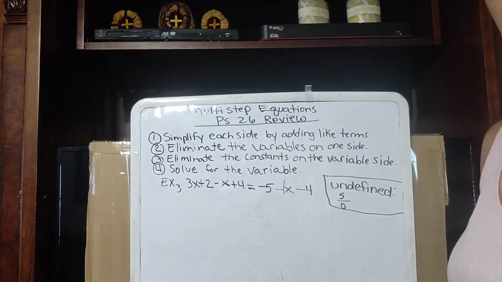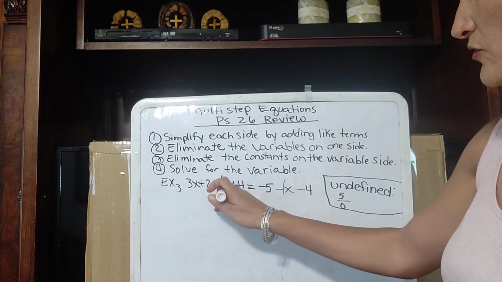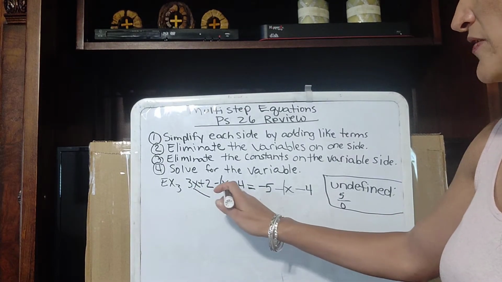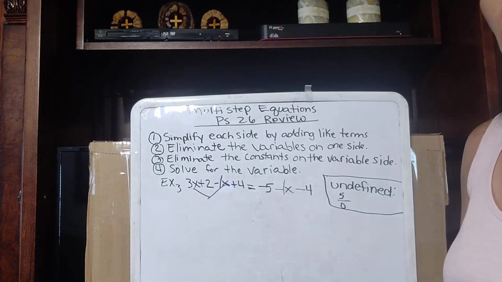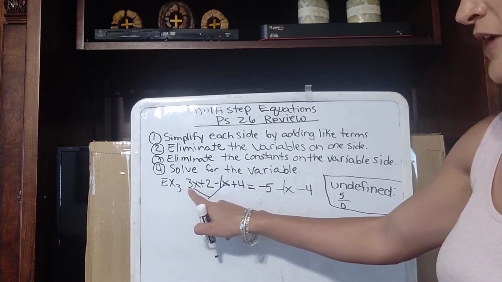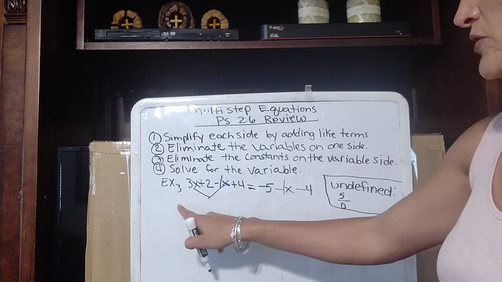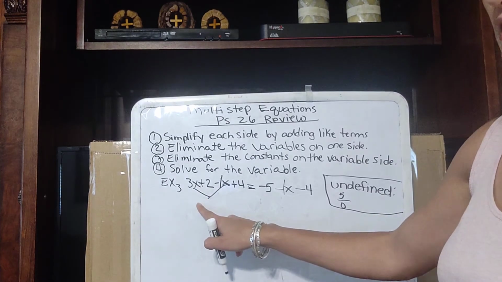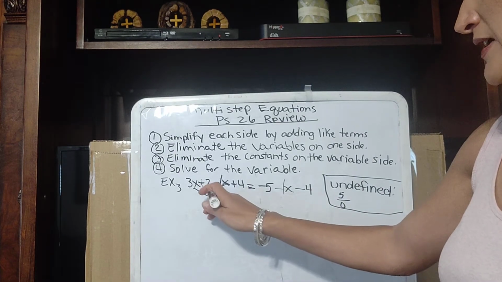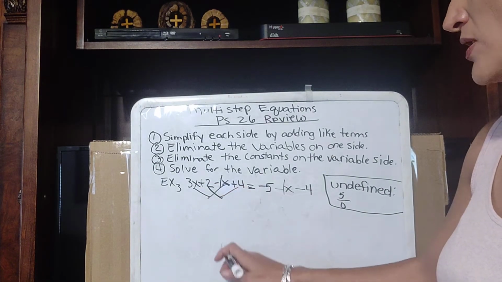But I put a 1 so I could have a coefficient in order to combine the 3x and the negative 1x. Now, as previously taught to you guys, I just connect those 2 together, putting them in the same group or the same family, if you will. You can rewrite them as 3x minus 1x if you would like, but I'm not going to do that because I don't have space. I'm going to connect the coefficients over here as well.